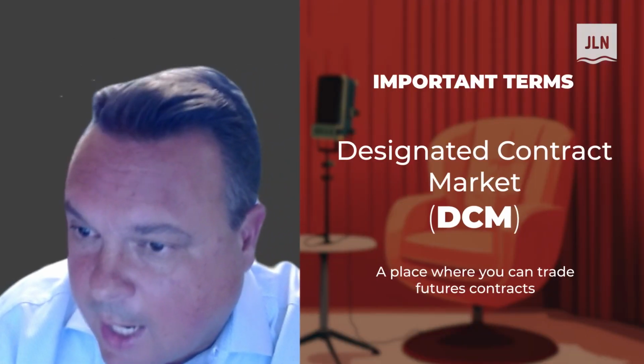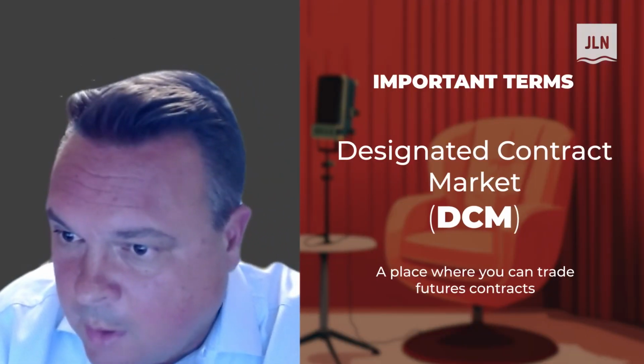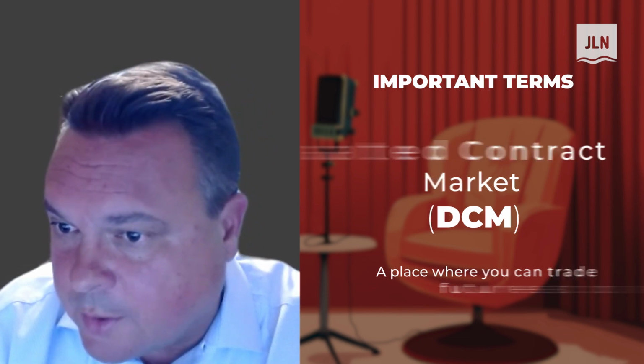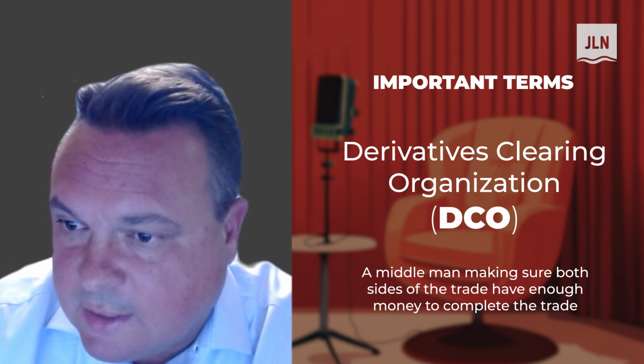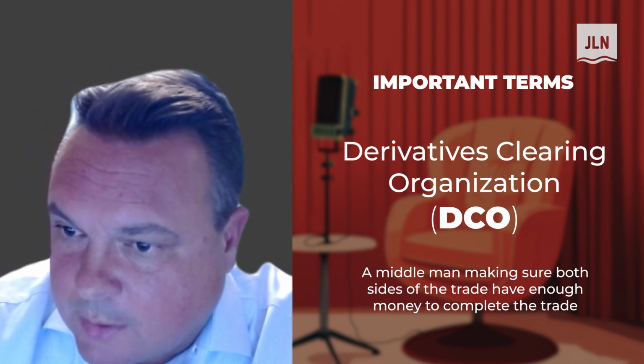So it's a really interesting business. It's an exchange, so it's a designated contract market, or DCM, and it's also a clearinghouse, a derivatives clearing organization, or DCO. It's a very interesting asset, and it's going to be the basis for us building out the futures business under MIAX.